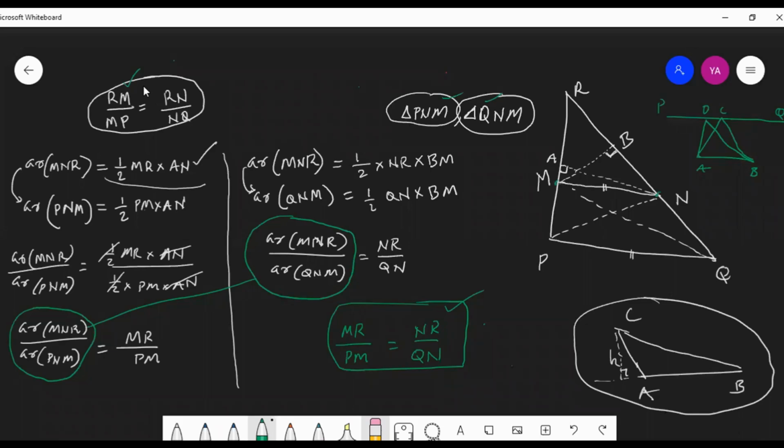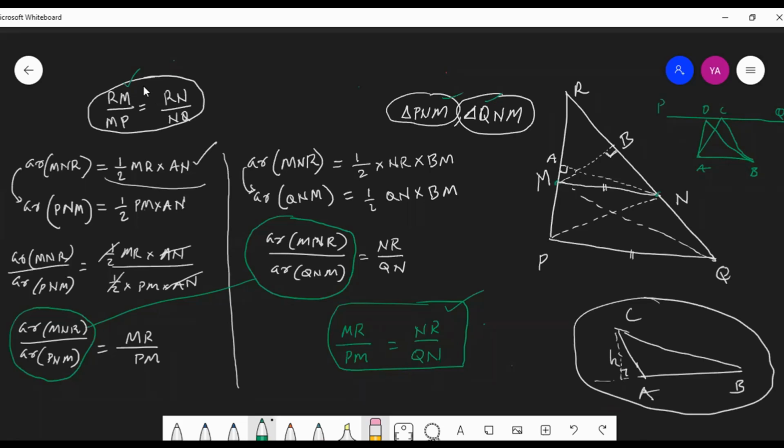In this picture, to prove this theorem, we have drawn one triangle PQR and one line segment MN intersecting the other two sides at M and N. Then we want to prove that the ratio of RM and MP is the same as the ratio of RN and NQ. That is, RM by MP is the same as RN by NQ.